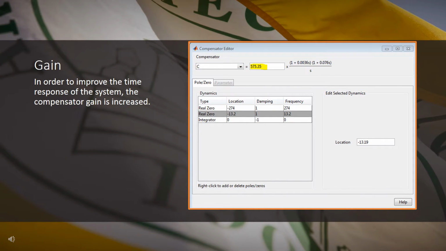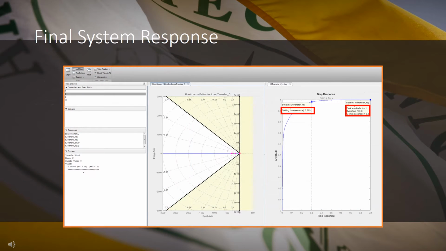In order to improve the time response of the system, the compensator gain is increased. With the gain all sorted out, the final values are percent overshoot of 0%, a settling time of 0.346 seconds, and a steady state error of 0.002%.